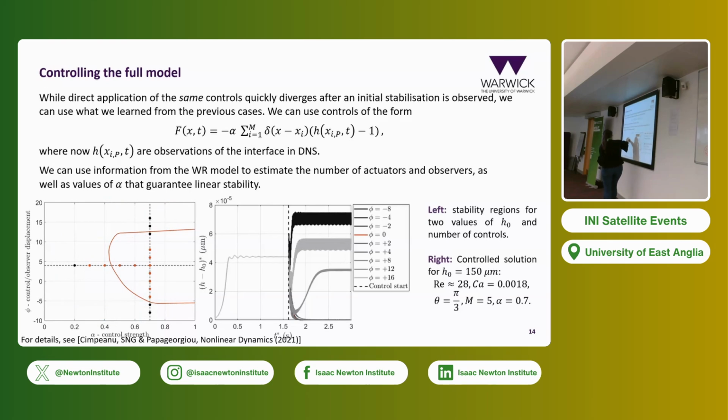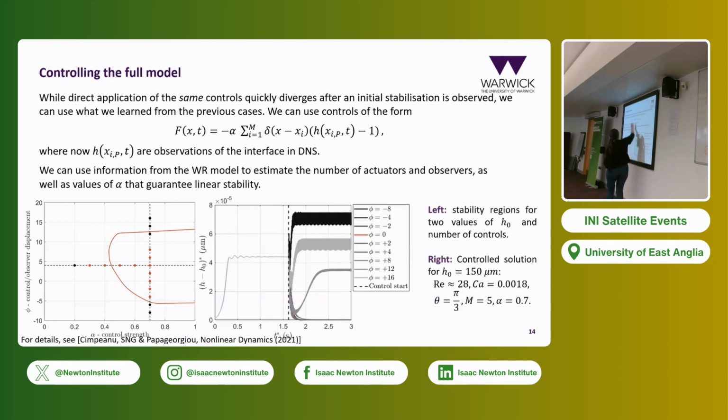So this is for 5 controls and one particular value of Reynolds number and capillary numbers. We predicted whether or not the solution would be linearly stable. So we predicted it's going to be stable inside this curve and then unstable outside.